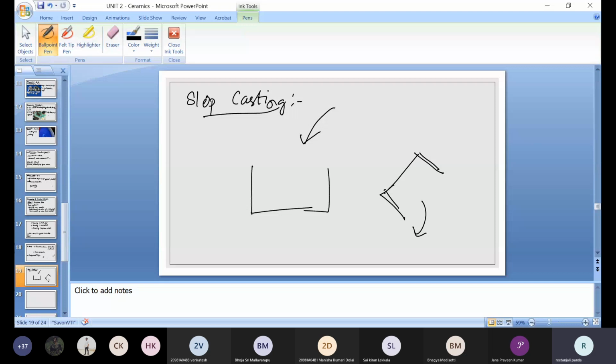Because of that, a very small thickness of material solidifies at the edge of the container, and the core material left behind didn't solidify, so we take it out. This is how slip casting occurs, because we are taking out the extra molten material. That's why it is called slip casting. Now watch this video to correlate it with your studies.